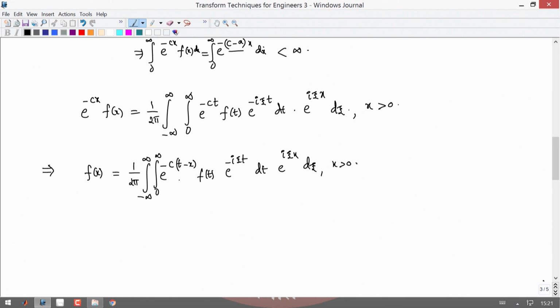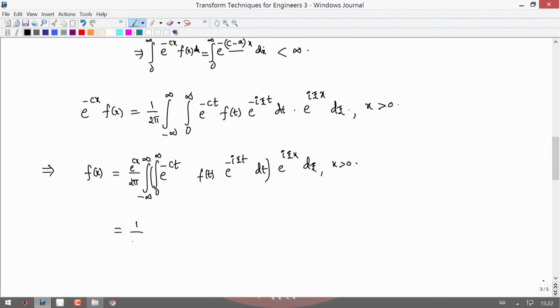So, instead of writing it here, let me put this e power minus ct here. This is the integral inside, and when you bring it to this side, you have e power cx.